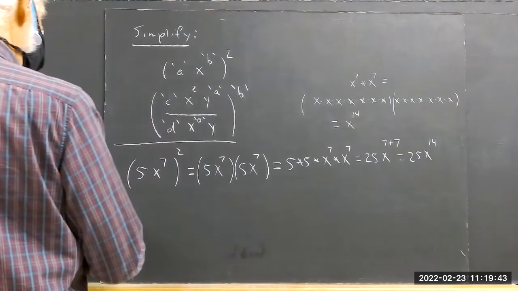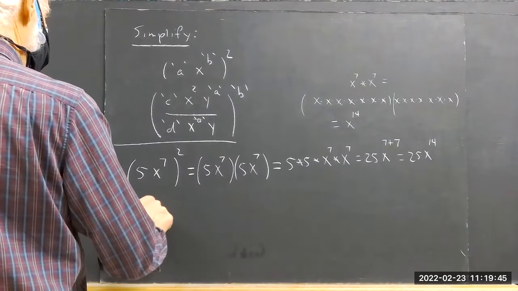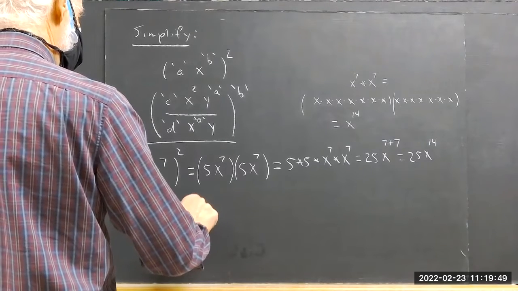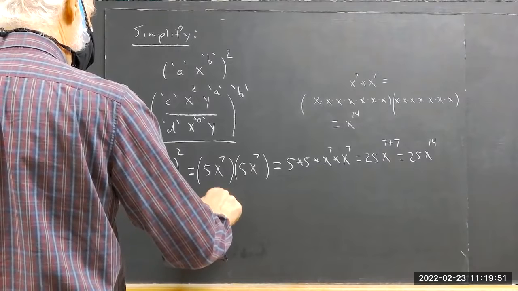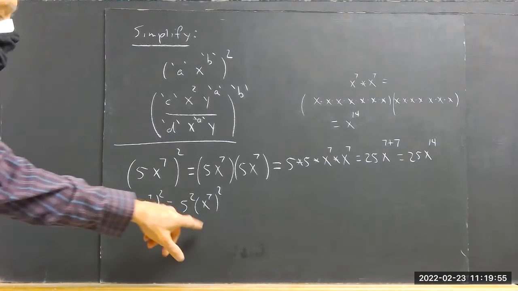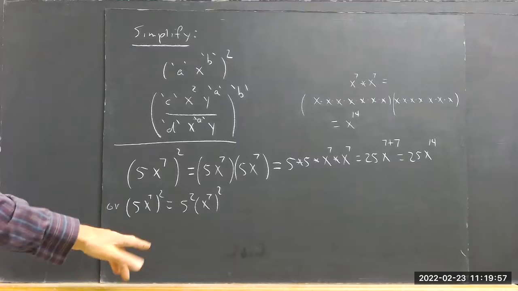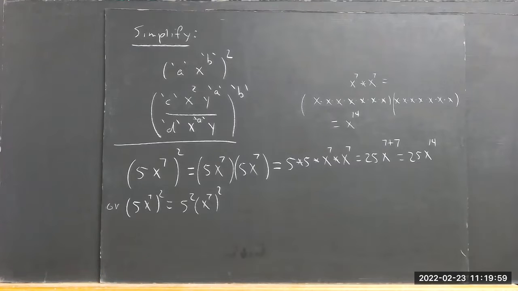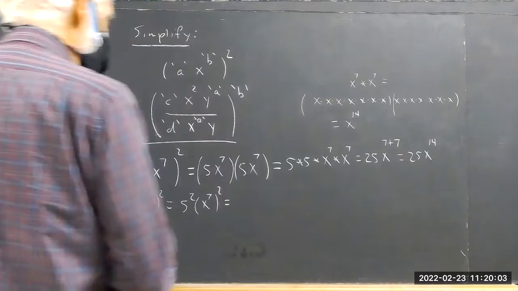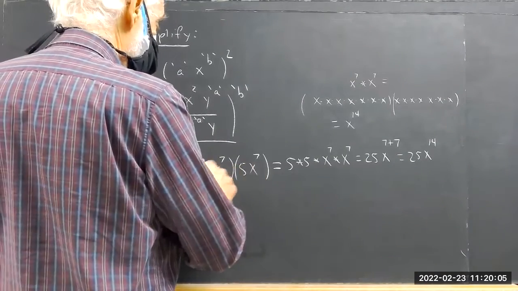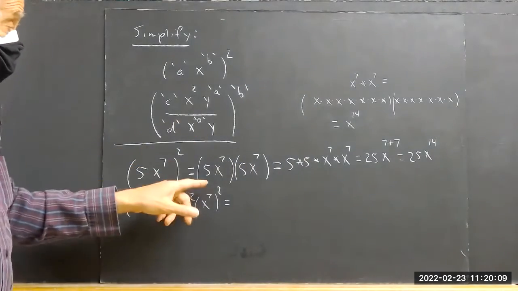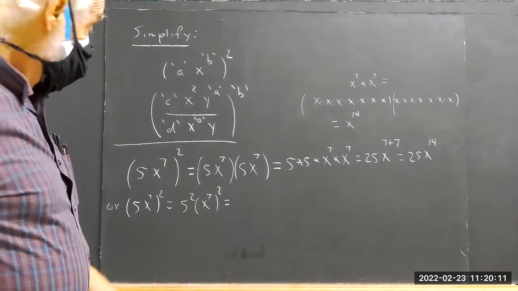So alternatively, it's 5 squared times x to the 7 squared. And you want to understand it this way too. It's 5 squared because, of course, you write out this way, you get a 5 here and a 5 here. Whatever this power is, that's how many 5s you're going to end up with.